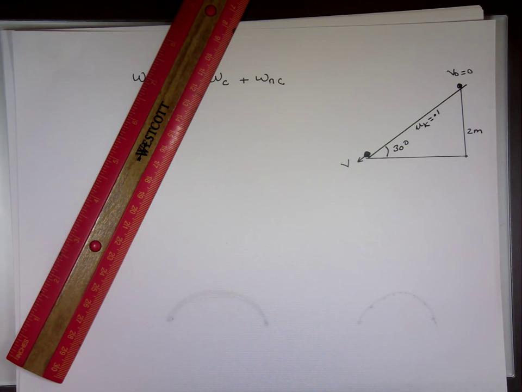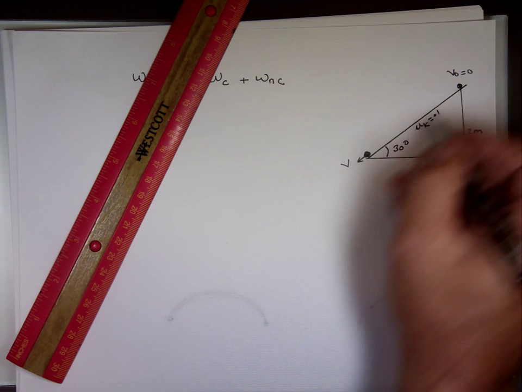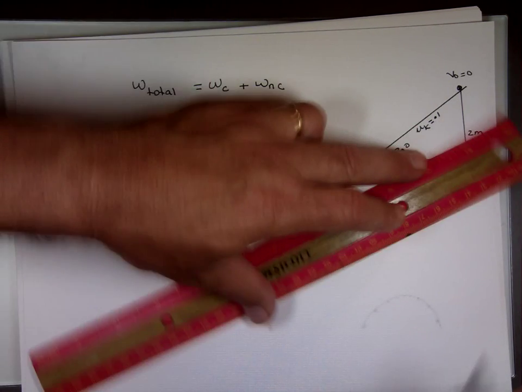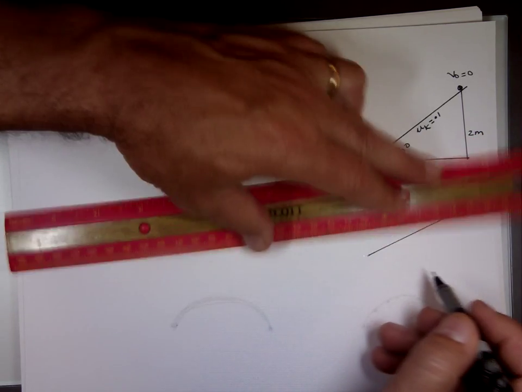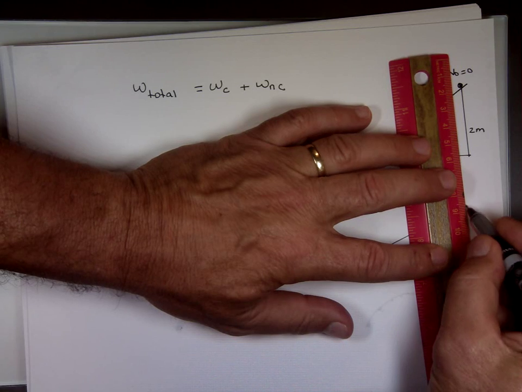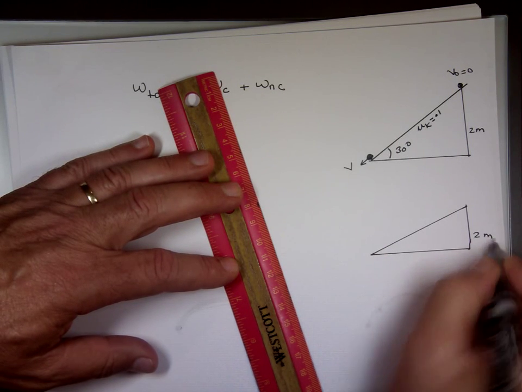By knowing the angle and the height, can anyone tell me the length of that ramp now? What's the length of the ramp? Nothing to do with physics now. Trig. I know this is 2 meters. This is 30 degrees.